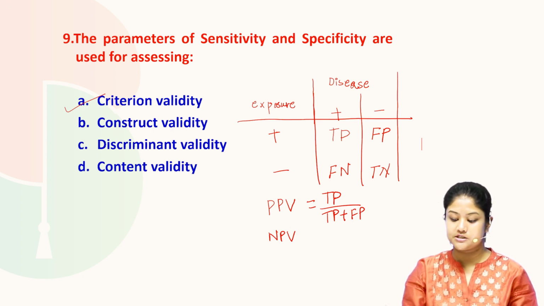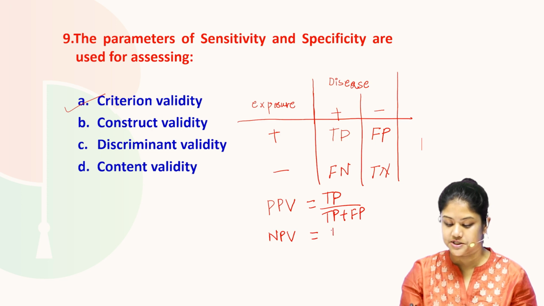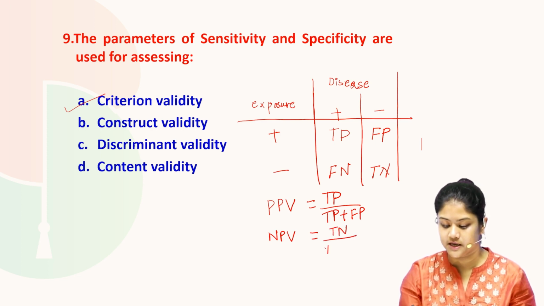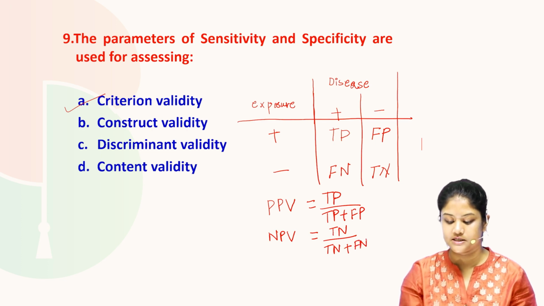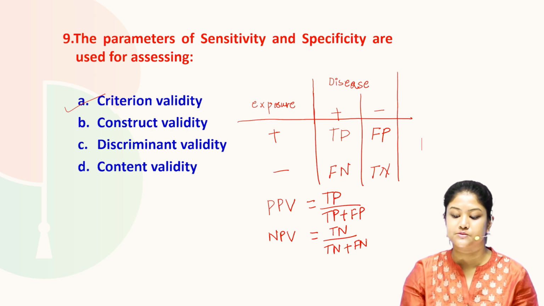In our denominator, we take all positives. In negative predictive value, it is true negative by all negatives in our denominator, that is true negative plus false negative. So now we can easily calculate questions on sensitivity, specificity, positive predictive value as well as negative predictive value.